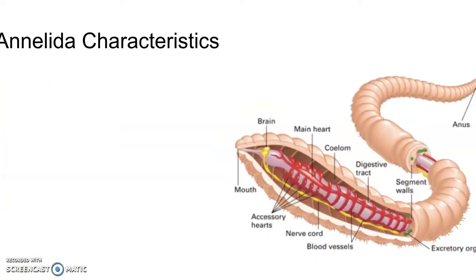Some of the characteristics that earthworms have, the most important part, obviously, of this organism is that they have segments.